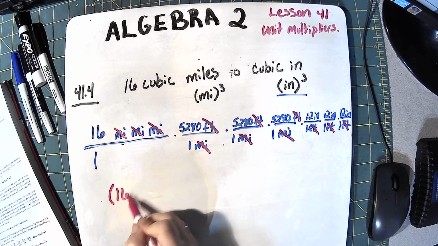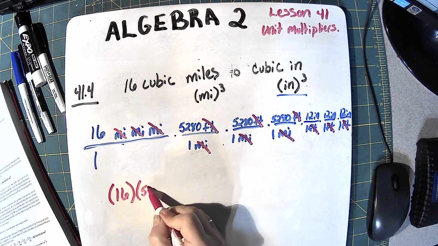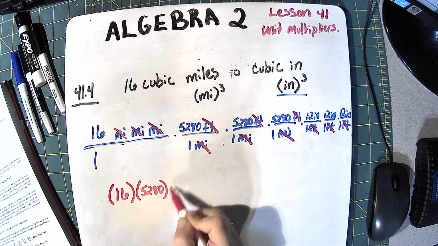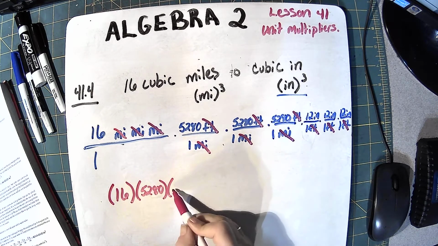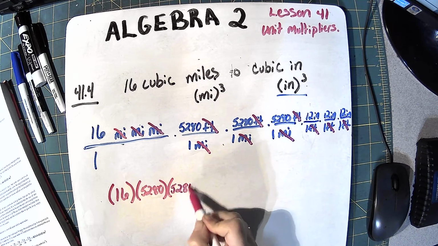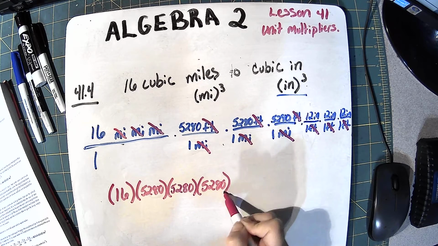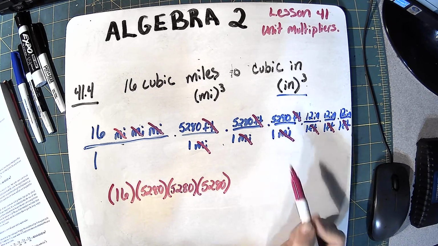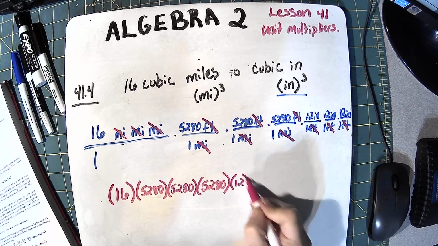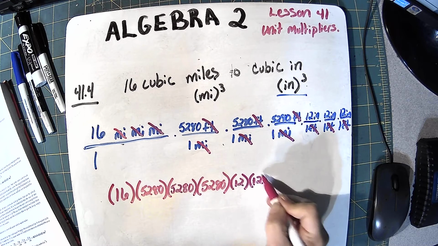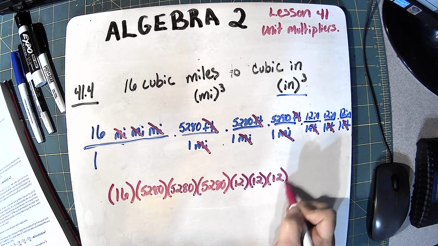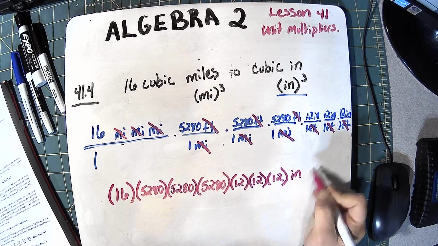So 16 times 5,280 times, there's that one, 5,280, and one more. And then I need 12 3 times. Inches cubed.